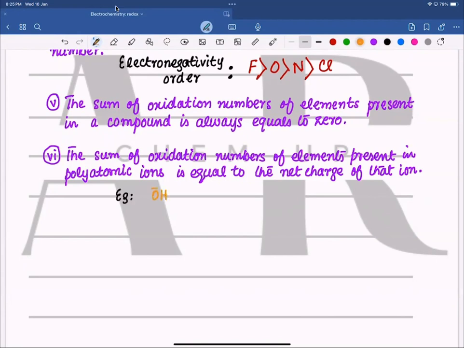Here examples are hydroxide, sulfate, it's SO4, and let's say ammonium, etc. Yes, is this clear to all of you? Yes, sir. Yes, Kubra. Yes, Ashal.